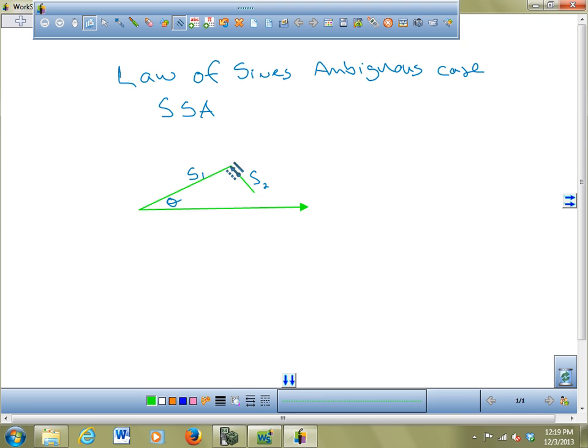So if it's long enough, it's going to reach the side. If it's too long, well, what would have to be true between side 1 and side 2 in order for this thing to make a triangle, given two sides? They'd have to add up correctly.